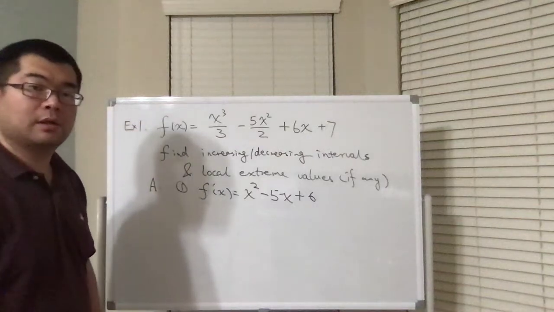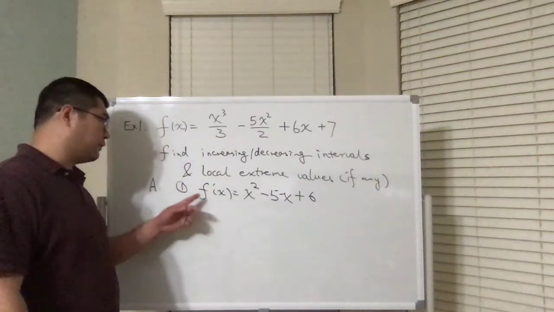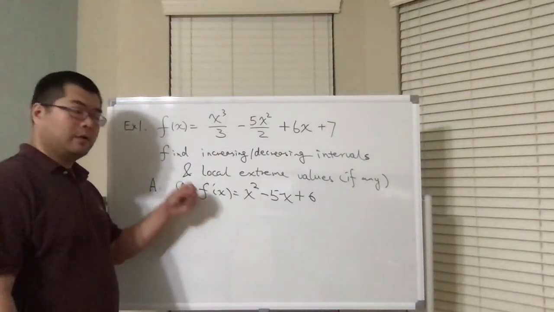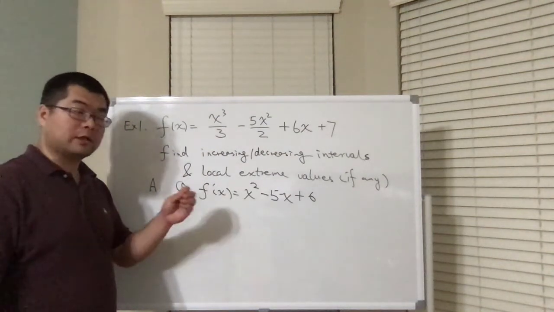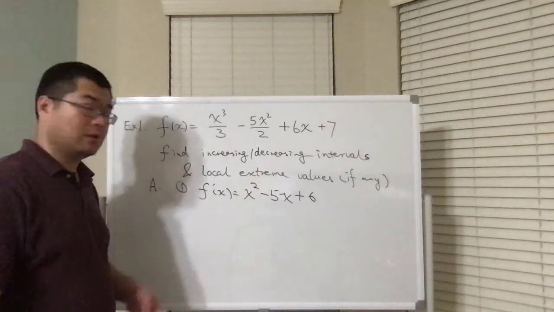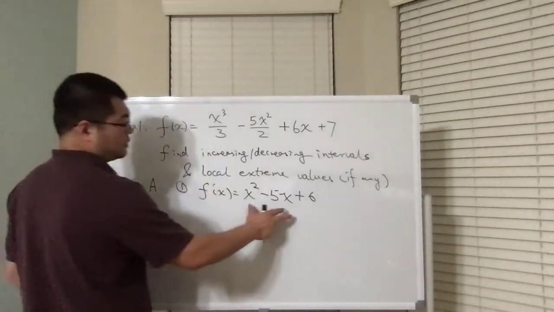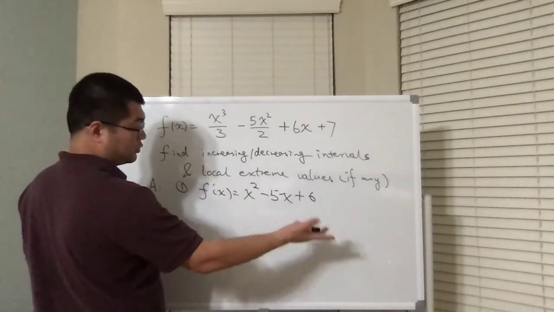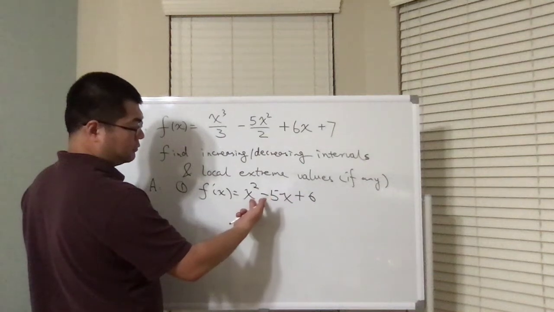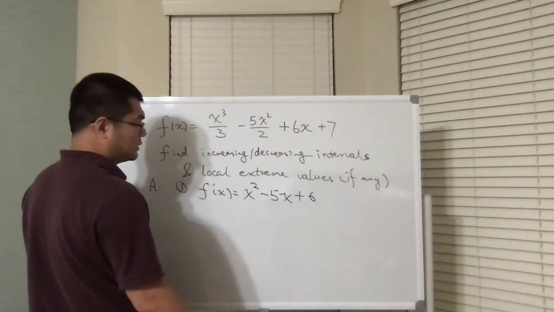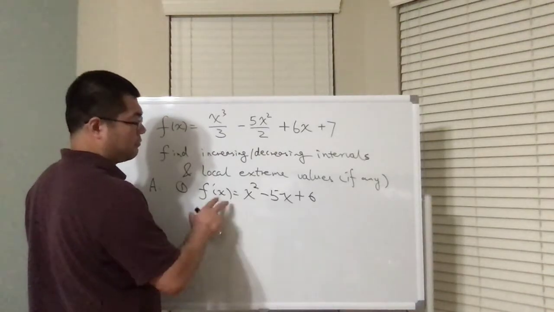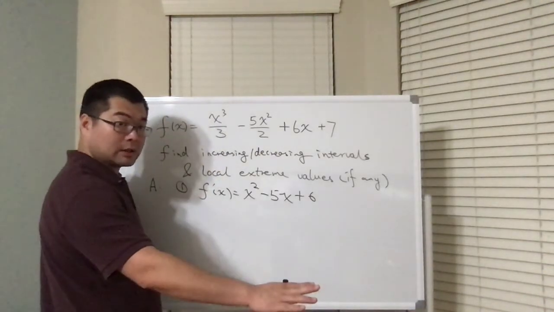Finding the derivative is actually to figure out the critical points for this function. As you can see, the derivative is also a polynomial of second degree, and no values make the derivative undefined.